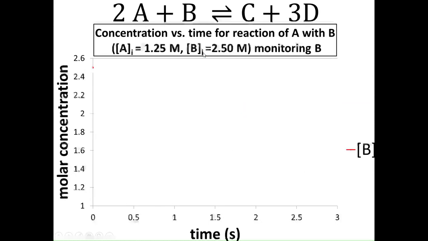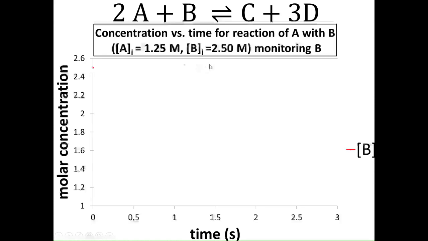So then, as I said, we keep changing concentrations, and in real life we'd have to do each of these that I've just described in triplicate just to get a good average. But I'm idealizing here and saying, oh, we ran it perfectly the first time. Okay, so now what we're doing is we put B back to its original concentration of 2.5 molar. We're starting off the reaction that way, and with A at a concentration half as much as it had been before.